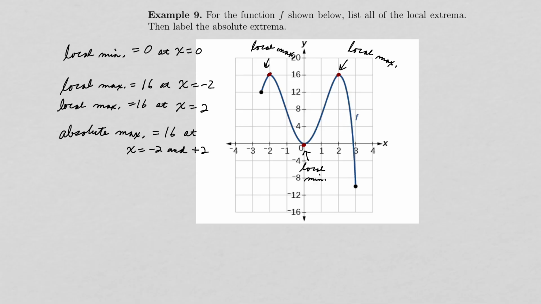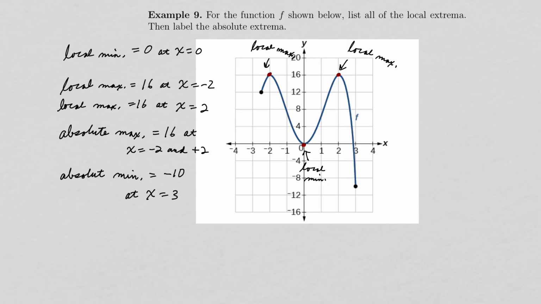And then are there any absolute minimums? Is there a smallest value that the function takes on? Yeah, if you look down here, this is going to be the lowest point. So this is an absolute minimum. It's equal to like -10, I guess, at x equals 3.